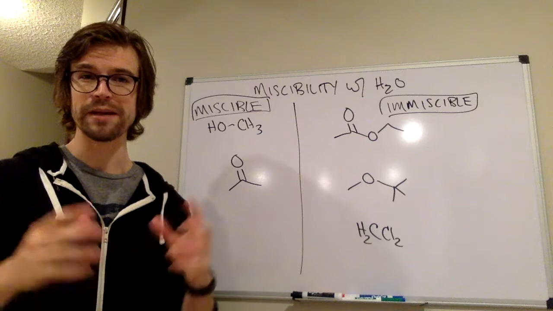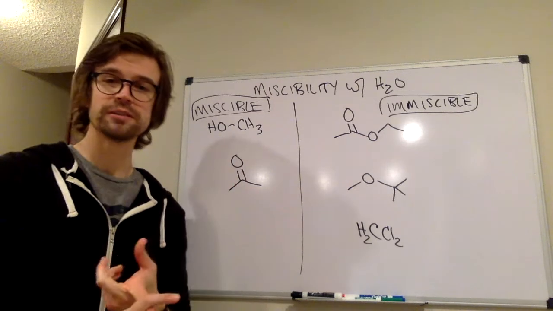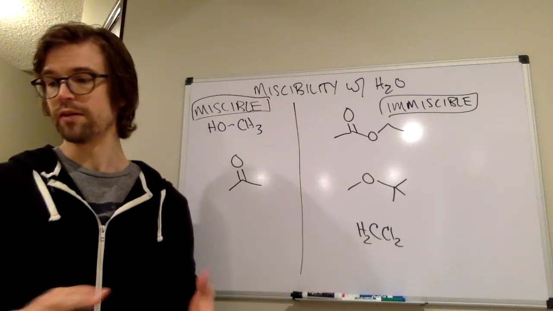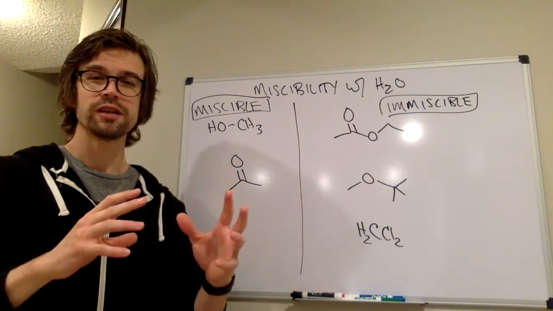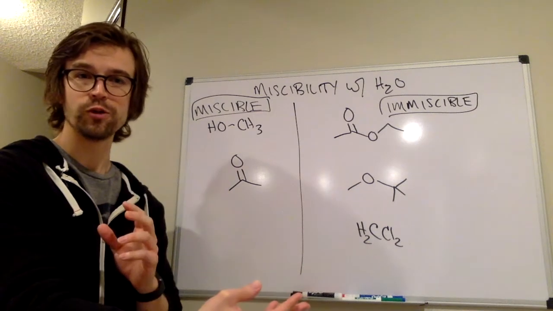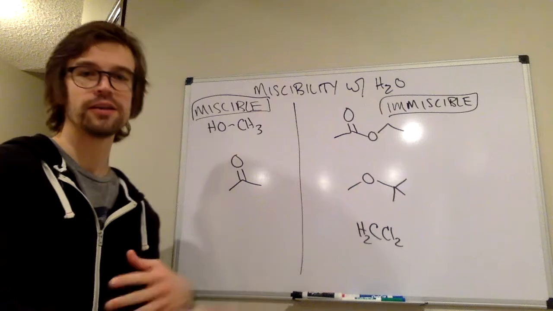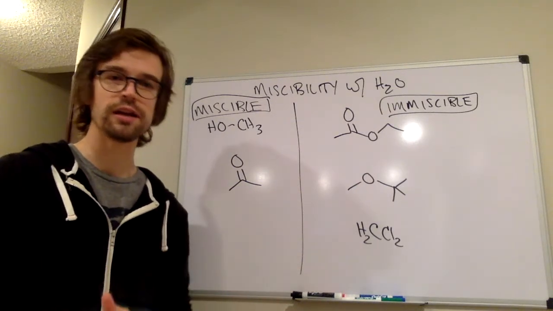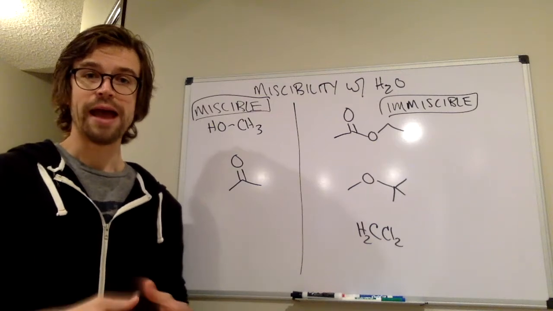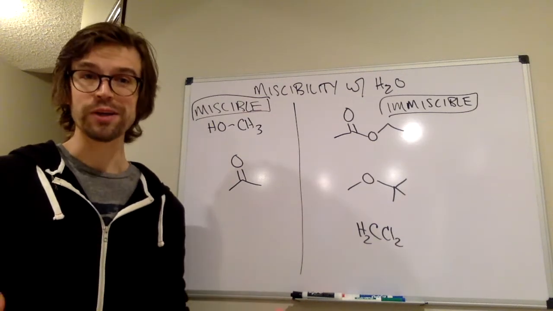So that kind of finishes up everything we're talking about before we get into the major experiment, where we are taking a mixture of 3 molecules, and we're going to be using our understanding of miscibility, immiscibility, solubility and insolubility with molecules, and also connecting that to acid-base chemistry. We saw that acid-base chemistry can be used to protonate or deprotonate different molecules, and if they're protonated versus deprotonated, that is going to impact if they're charged or not, and if they're charged or not, that is going to impact their solubility.